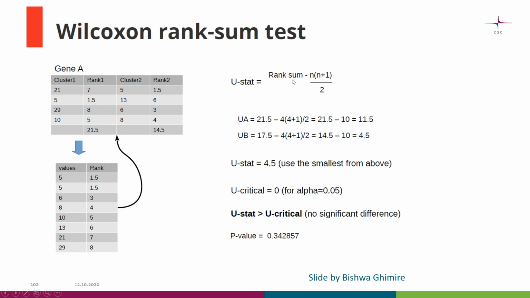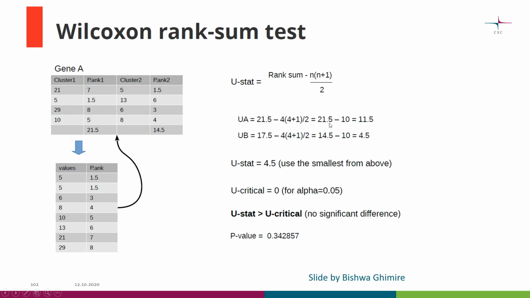There is the rank sum, and then there is a number that is proportional to the number of gene measurements in that cluster. Here we have four cells, so we have four measurements for that particular gene.